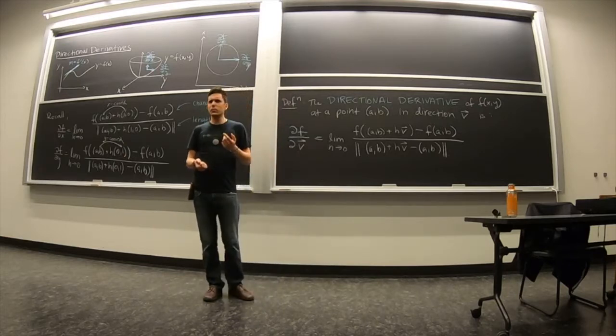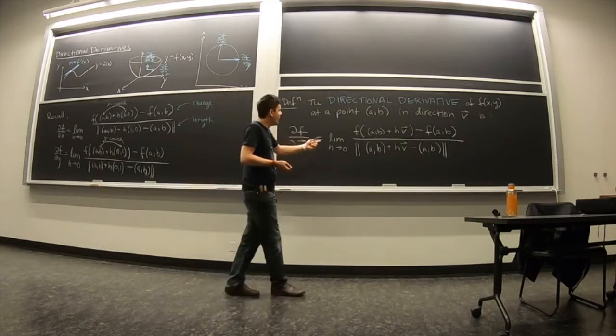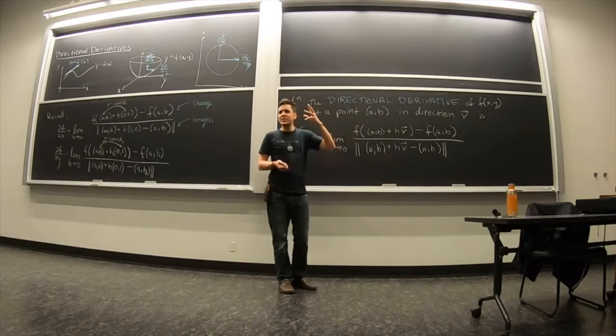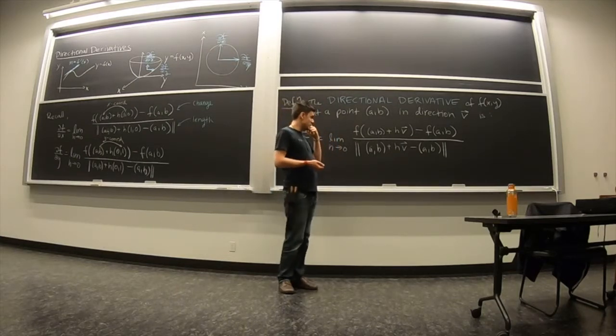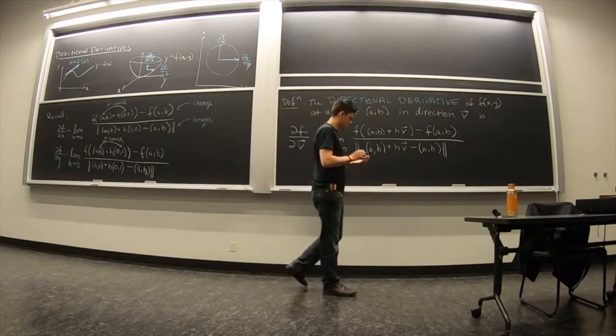So a couple weeks ago, a year ago, I have no idea, someone asked, why do we make direction vectors have unit length? What's the purpose of this unit length business? Okay, it's for this calculation here.